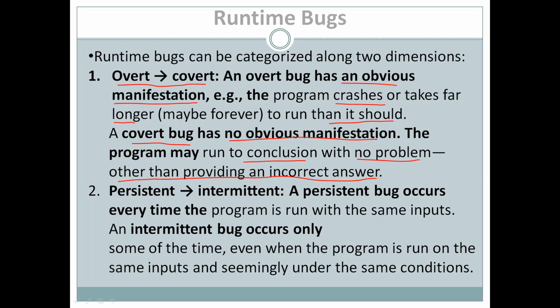In case of a covert bug, the program may execute properly without crashing, without any problems at the time of execution, but the output of the program at the end may not be proper. Such types of bugs are covert bugs. So the program will execute, it is fine, but at the end if you check the output, you may say the output is wrong.